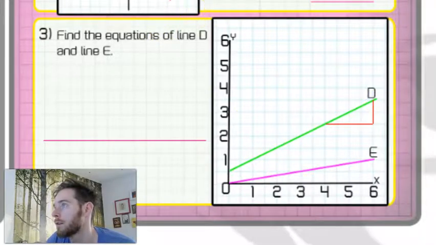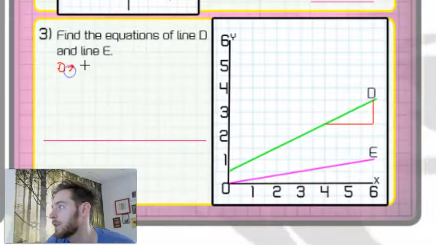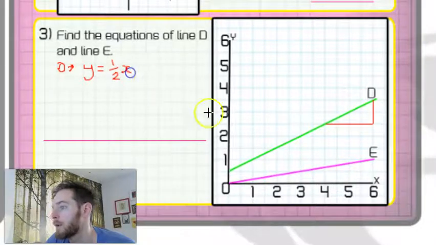So let's write that down for D. D is y equals half x, and then we can see it goes through plus half. So plus a half. Now we could write that one as 2y equals x plus 1.